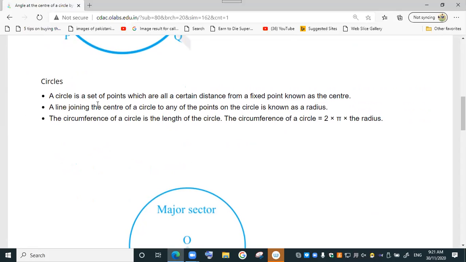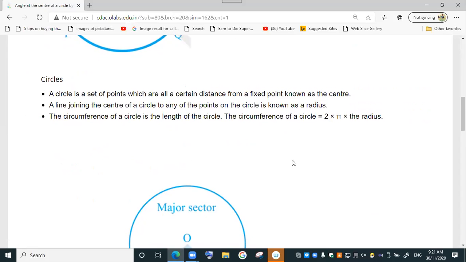Here are some terms which are used and which are related to the circle. A circle is a set of points which are at a certain distance from a fixed point known as the center.